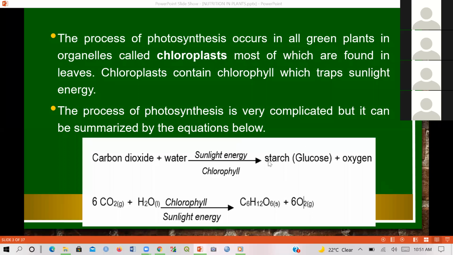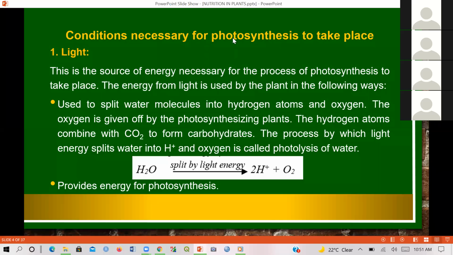Okay. Then, for photosynthesis to take place, there are certain conditions that must be fulfilled. We shouldn't just take it that as long as we have water and carbon dioxide, the plant will always carry out photosynthesis. No, that is not always the case.